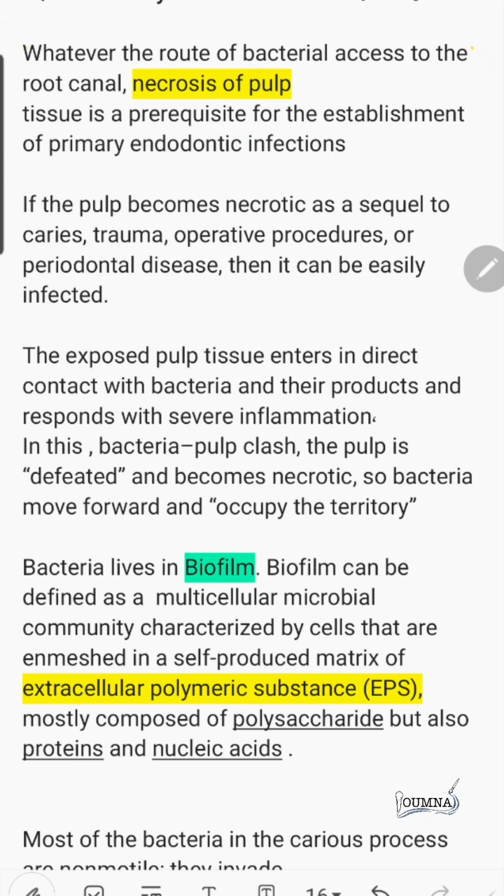Biofilm can be defined as a multicellular microbial community characterized by cells that are enmeshed in a self-produced matrix of extracellular polymeric substance, the EPS, mostly composed of polysaccharide, but also proteins and nucleic acids.